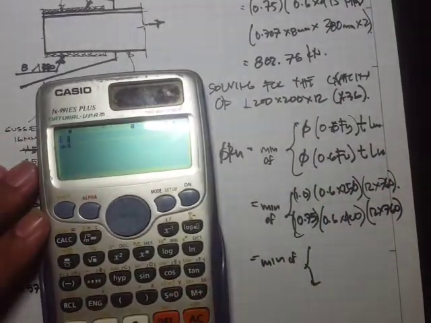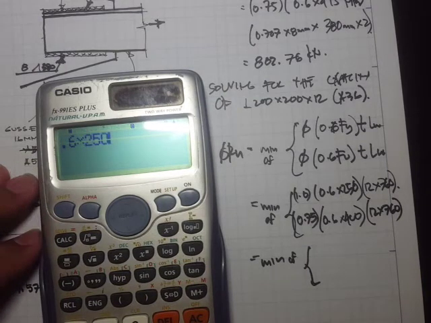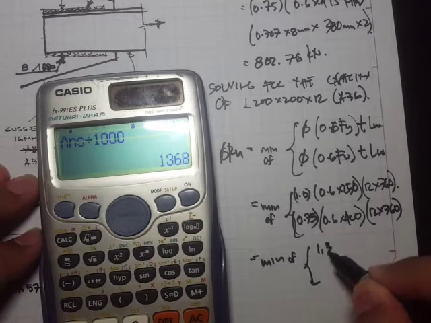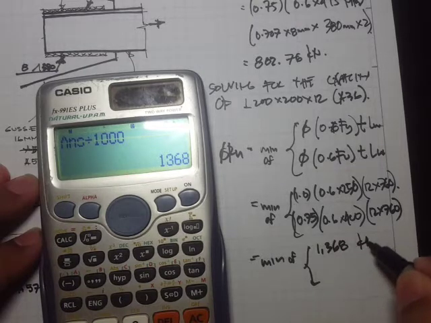This is 0.6 times 250 times 12 times 760, divided by 1000, which gives 1368 kilonewtons.